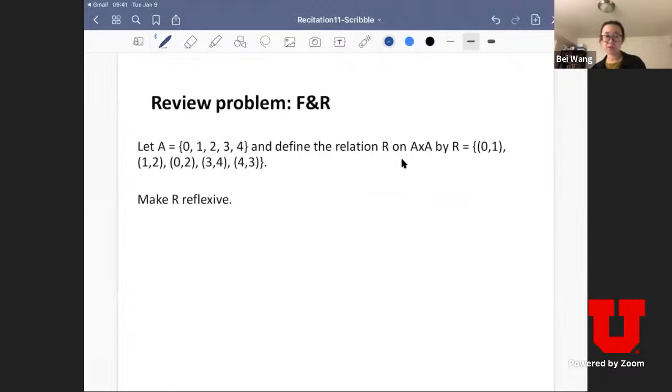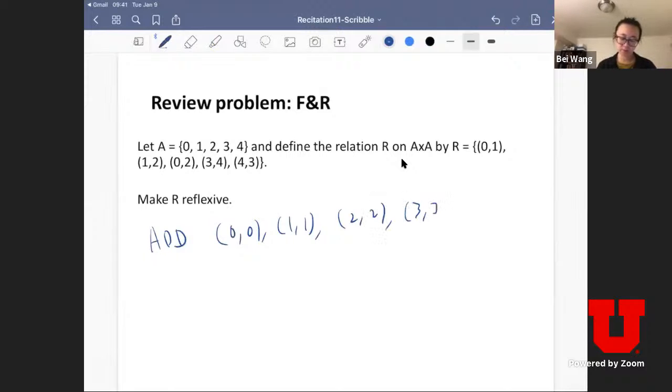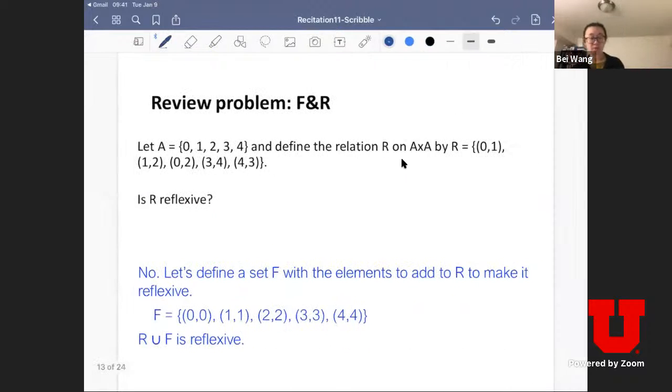So basically what you need to do is add the pairs (0, 0), (1, 1), (2, 2), (3, 3), and (4, 4) in there to make it reflexive, okay? So that's exactly what you do. You define a set F by all those pairs and you union it. That's how you make the new set of relations reflexive.